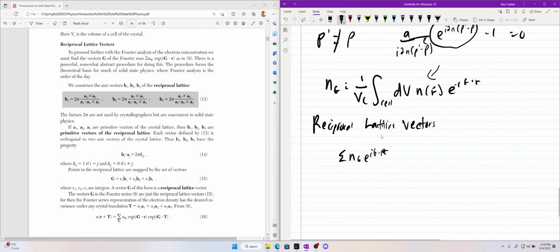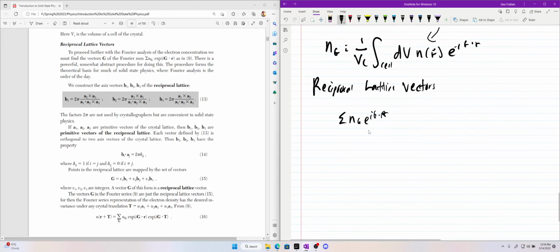So let's construct some axis vectors of the reciprocal lattice. For the normal lattice, we have vectors A1, A2, A3. Since we're physicists, not very creative, we're going to call the reciprocal lattice B1, B2, B3.